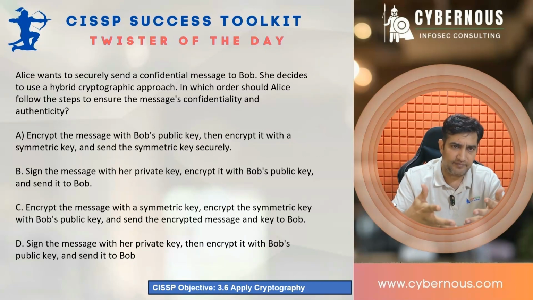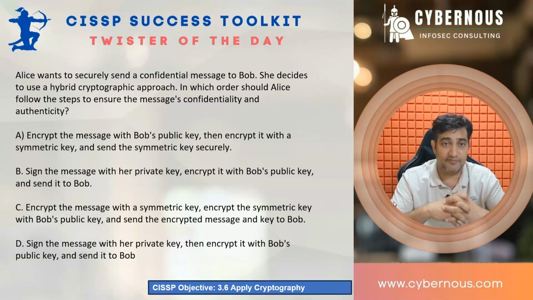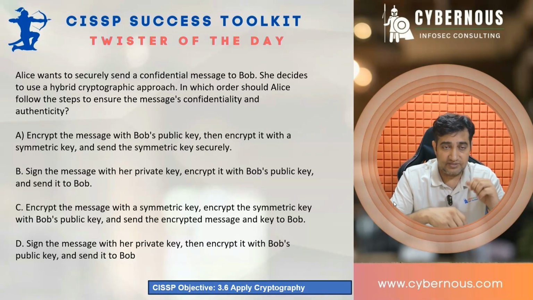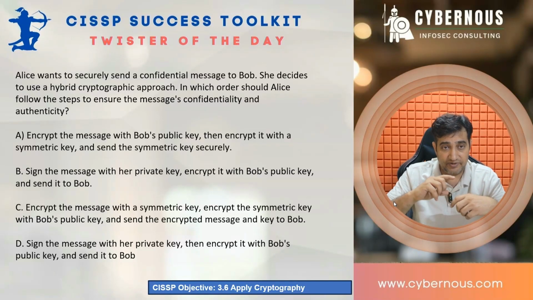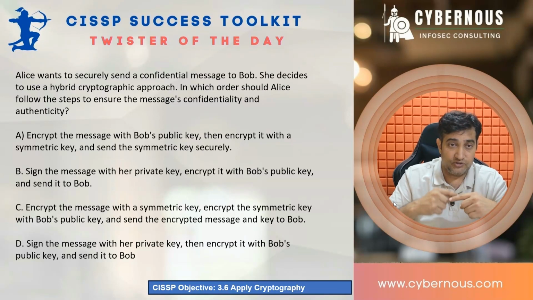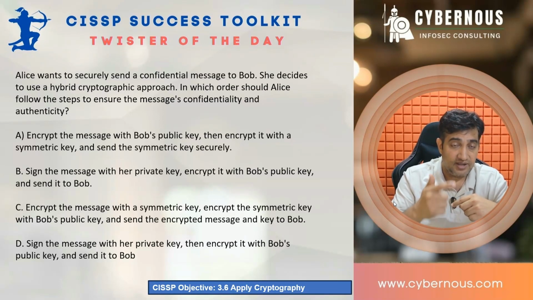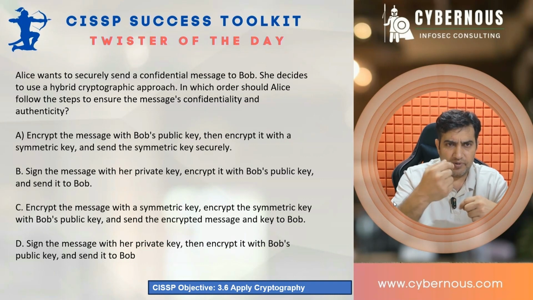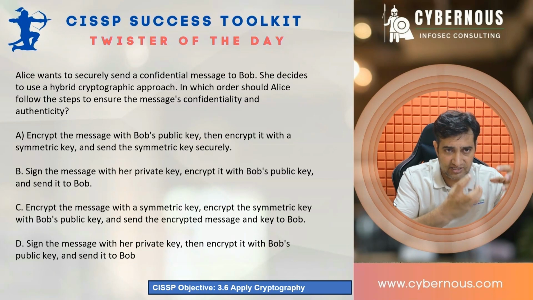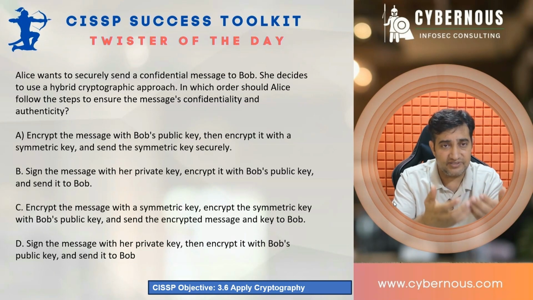So that is what happens in general communication. For example, I want to send you a message. I will be encrypting the message by using a symmetric key or a session key, and then the session key will be further encrypted using asymmetric cryptography. I will be using your public key to encrypt the session key and then attach this key as well as the message, and I will send across to you.